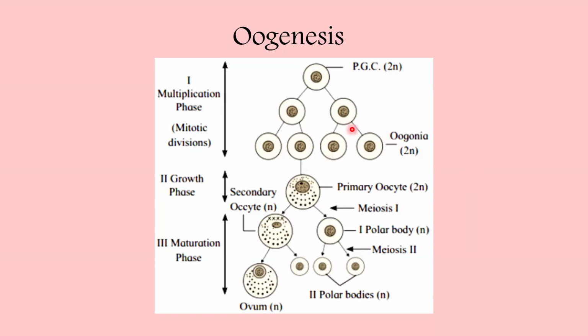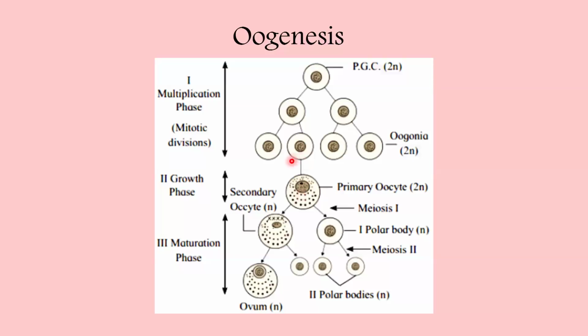So they are stuck here until the girl undergoes puberty. And what stops it from undergoing this whole process over here is something called the anti-Mullerian hormone. So it's stuck over here, okay? So the ones that survive the atrophy of the oogonia undergo the first meiotic division.